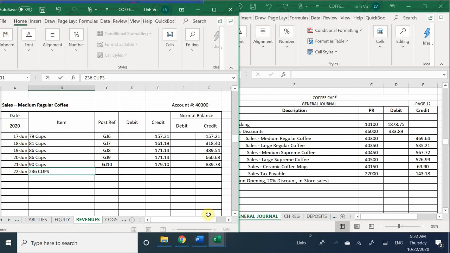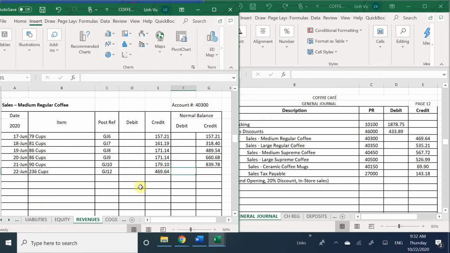DJ12, credit 469.64. That comes to 1309.42. 1309.42. Good.